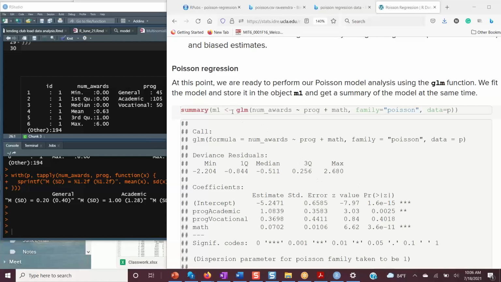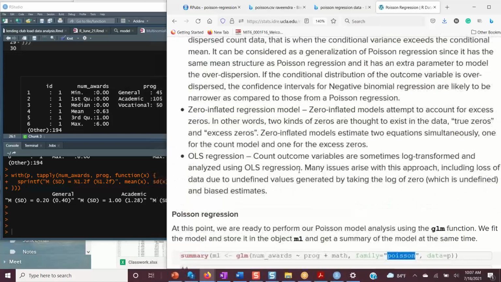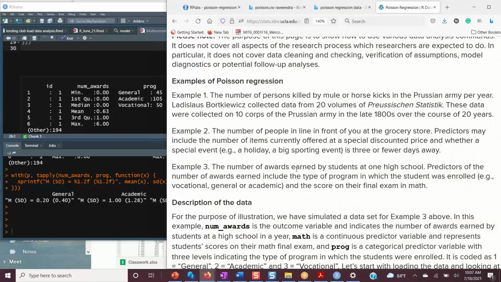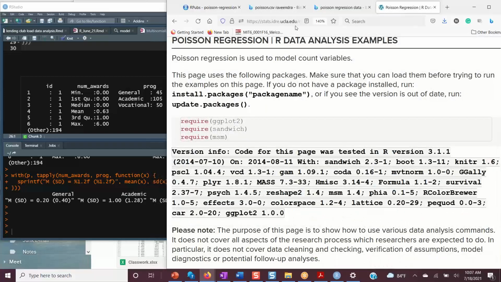GLM is the model, as you remember for the logistic model, and the family is binomial. But now we are going to use what is called Poisson, because sometimes you want to build a model for a count variable. This is the first time I'm doing that: count variable, 0, 1, 2, 3, like that. So if you have such data, you have to use Poisson regression. And when do you think you can use that? Can you repeat, sir? Count? I'm sorry?